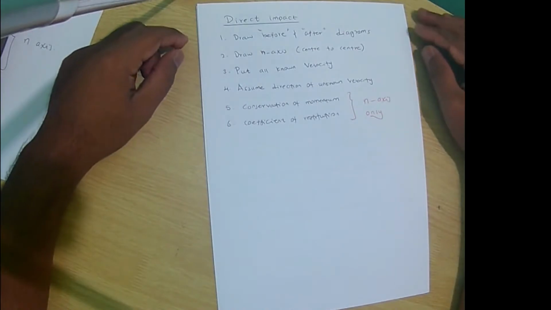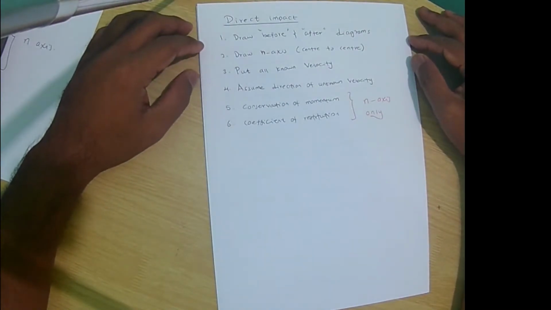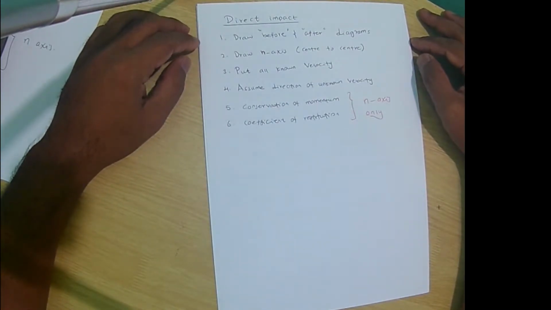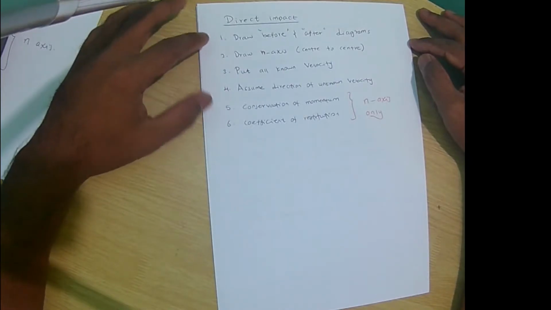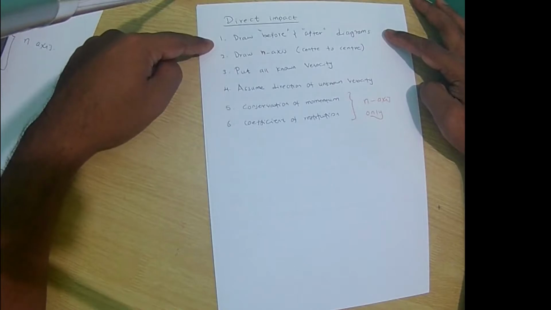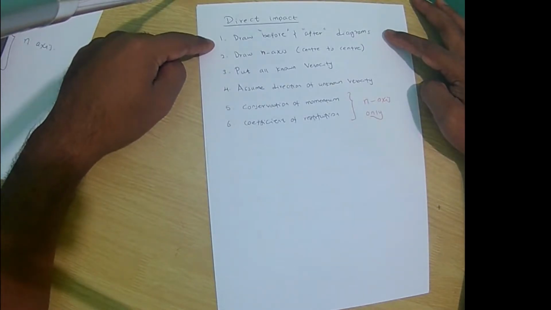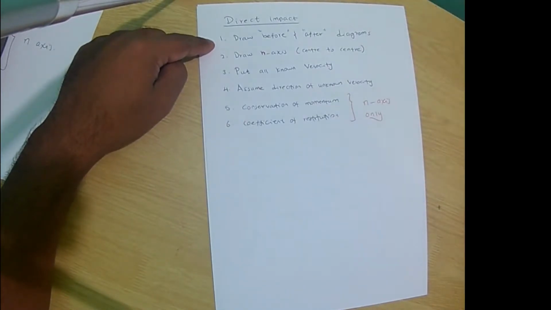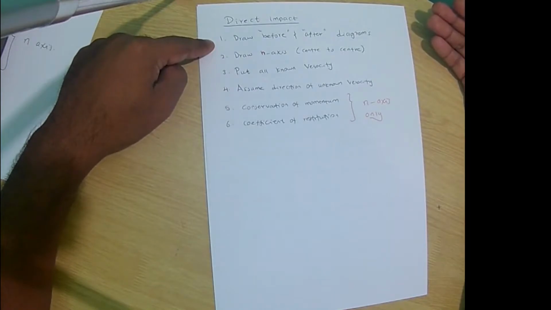These are some basic guidelines that we can use for analyzing problems involving impact. The first step is you need to draw the before and after, as I explained in the previous video. You draw before and after impact, compare the velocities, and then you know whether it is direct impact or oblique impact.